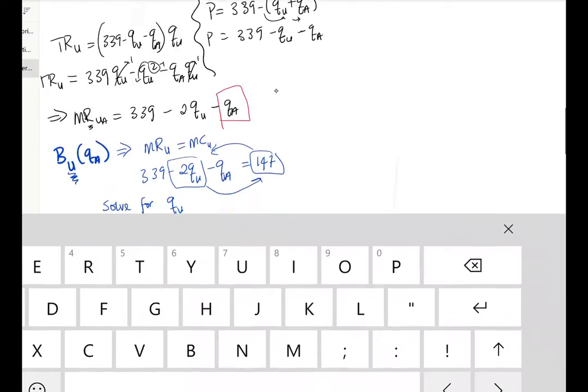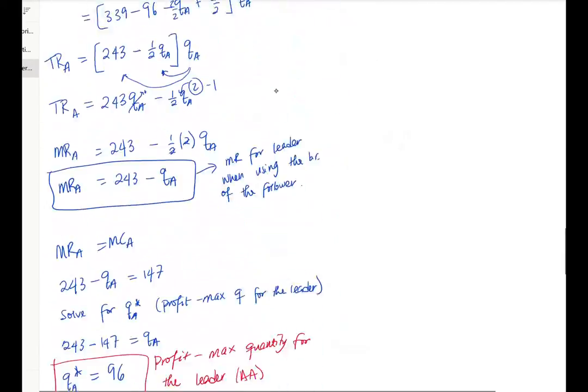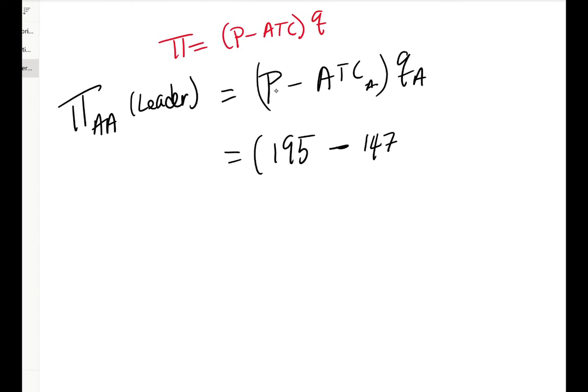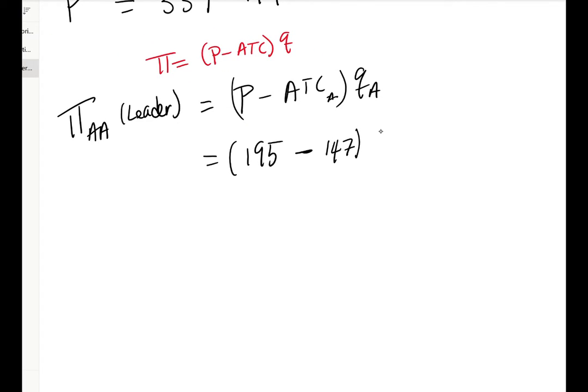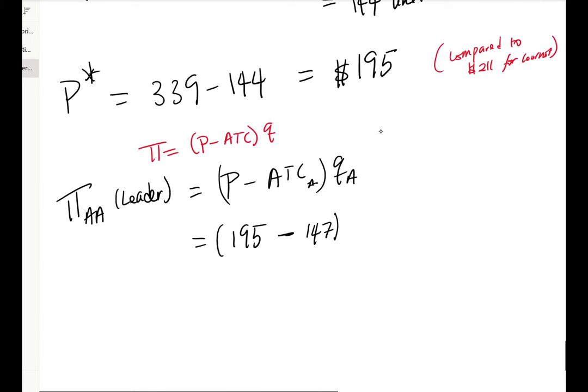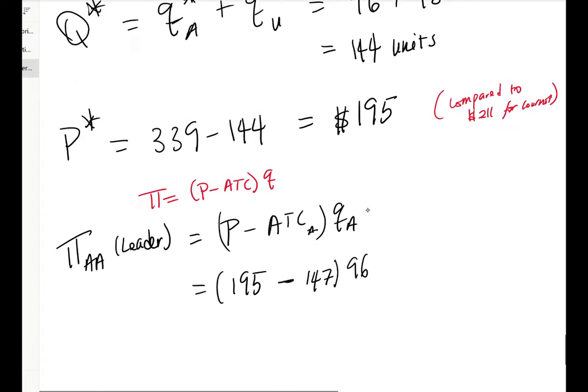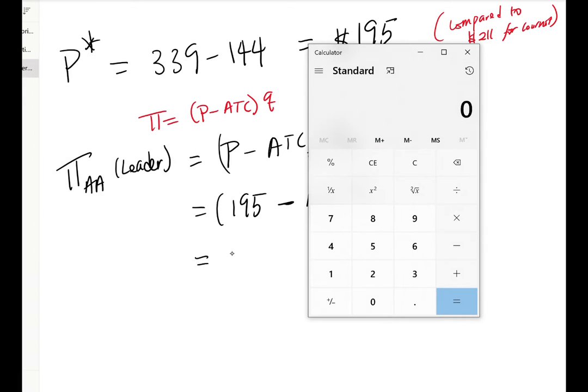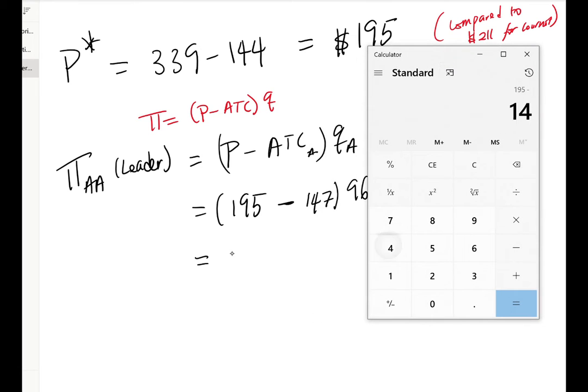Times the quantity for the leader, which was 96. So this is equal to 195 minus 147, which is 48, times 96, which is 4,608.